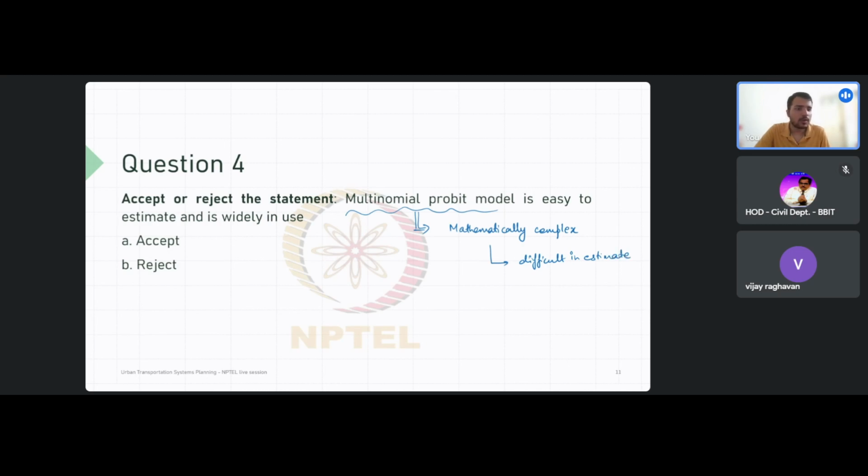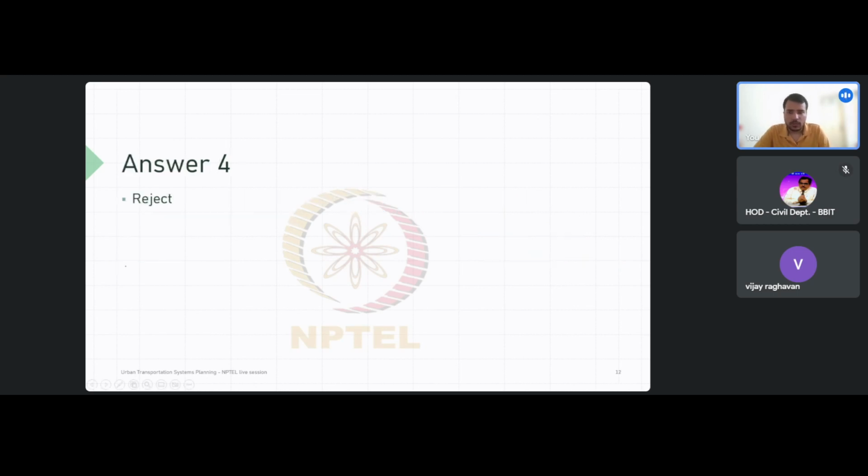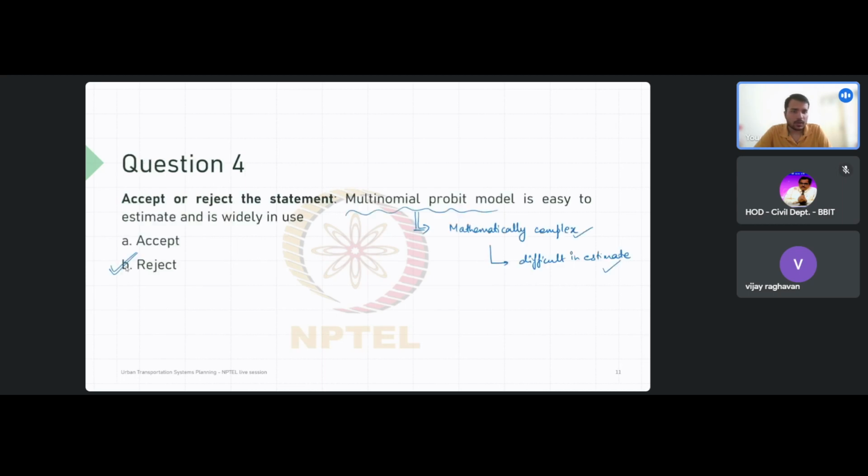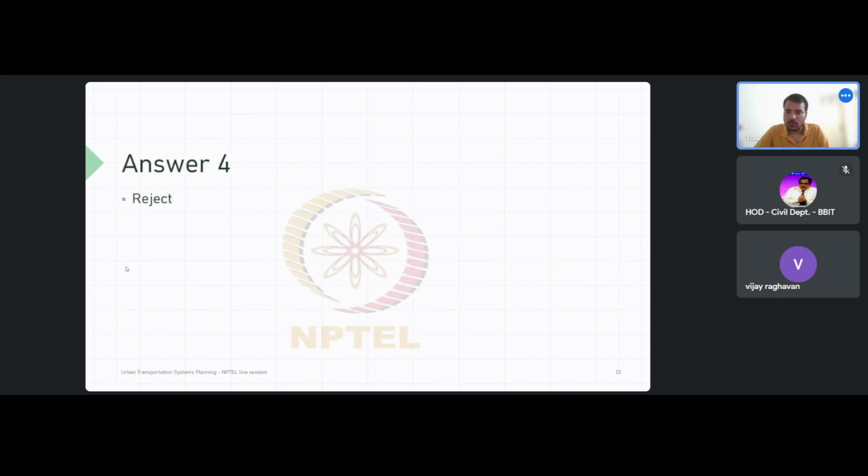Here we are saying exactly the opposite, that it is easy to estimate and is widely in use. Due to this problem, this model is not very preferred in many use cases. So we can reject this statement B, and the answer is reject. This model is mathematically complicated and difficult to use compared to other models.